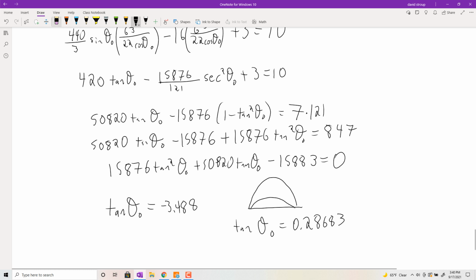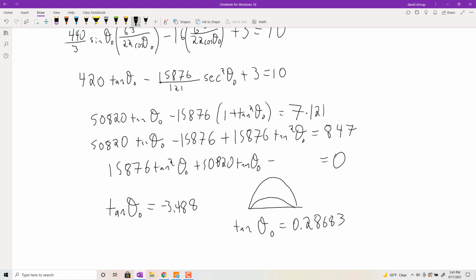And then when I subtract that over, this guy will be different. 15876 plus 847 is 16723-ish. And there's one other thing too. Oh, this identity right here, it should be 1 plus tan squared.